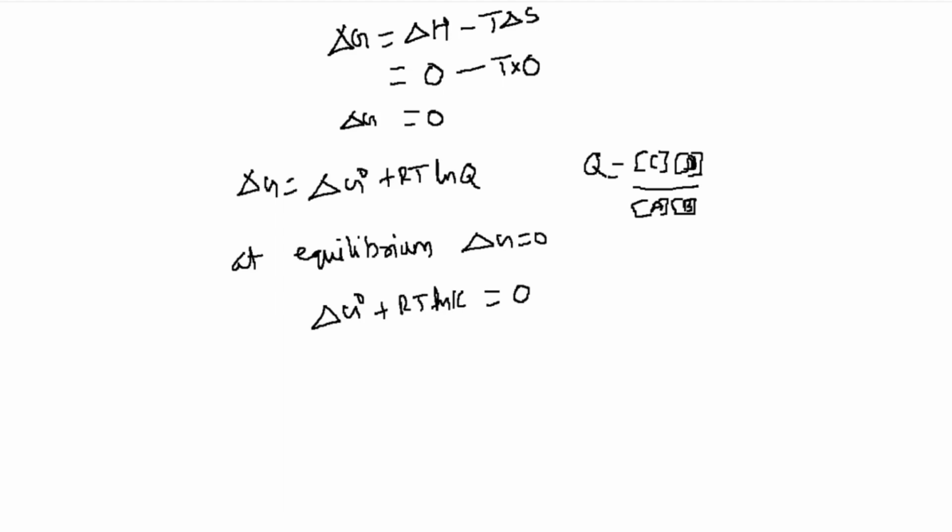At equilibrium, the ratio between the product of concentrations of products and the product of concentrations of reactants is called the equilibrium constant K. So delta G naught plus RT ln K is equal to 0 at equilibrium, and delta G naught is equal to minus RT ln K. So this is the relationship between standard free energy change and the equilibrium constant of a reaction.